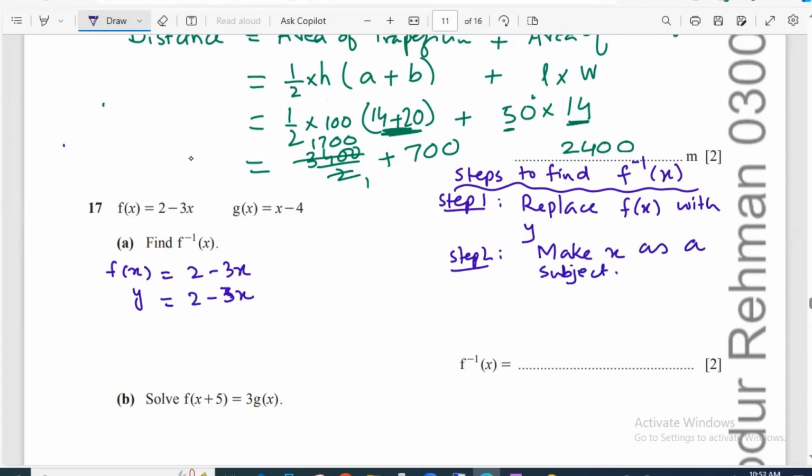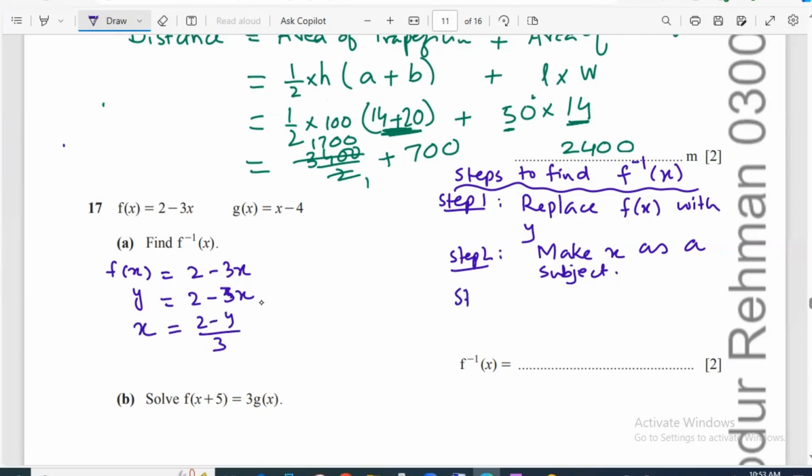You can do this mentally. We shift the 3x here and y there, so it is 2 minus y, over 3. This is x as the subject.